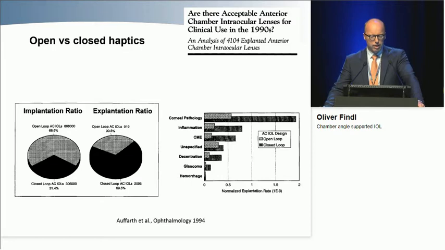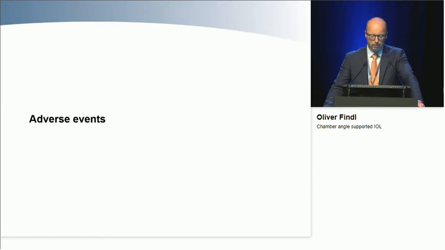You can see here the implantation ratio. So at that time, of when this publication came out, most AC IOLs that had been implanted were open loop, and the closed loops were a smaller part, but they had a very large ratio of explantation. You can see here that these closed loop lenses had really significant reasons for that explantation, especially inflammation, corneal problems, and CME.